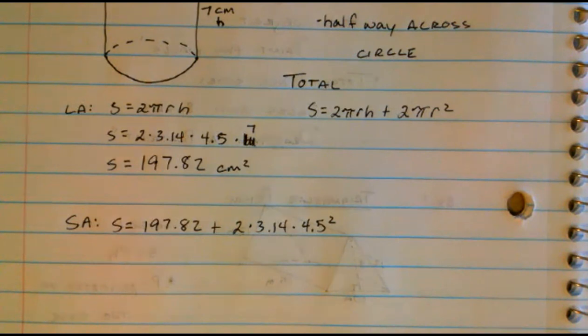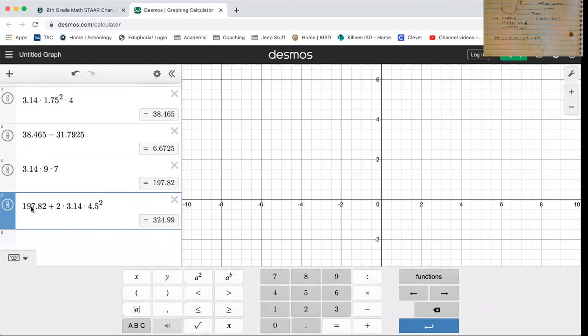So 2 times 3.14 times 4.5 squared. I just typed it into the calculator exactly how I have it written, and there's my answer, 324.99. There's no need to do any of this by hand or in your mind.